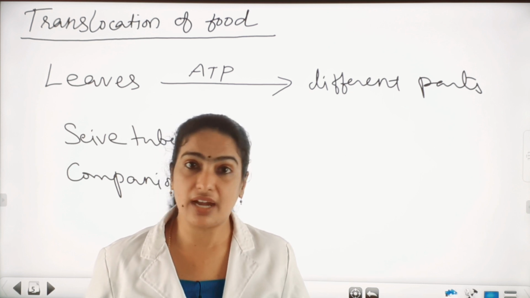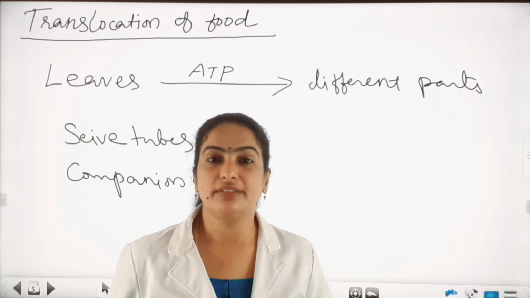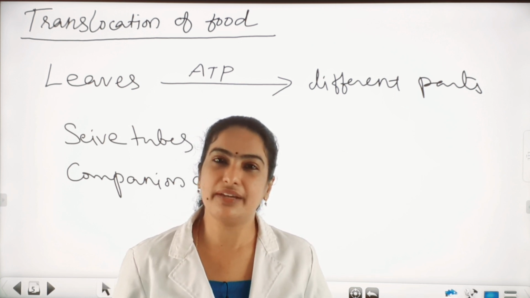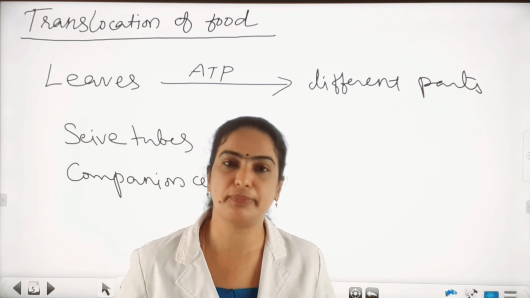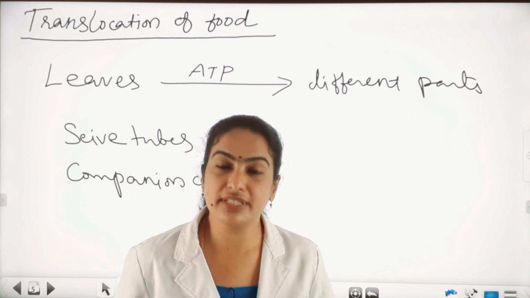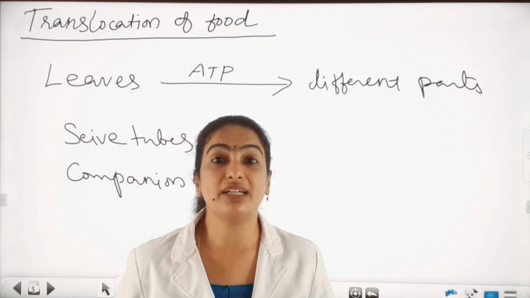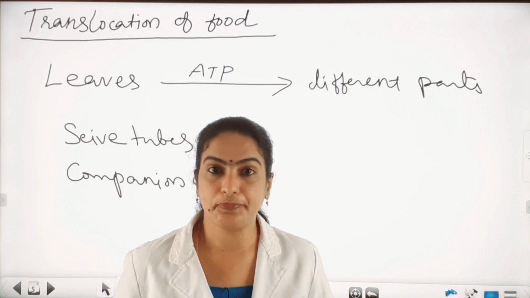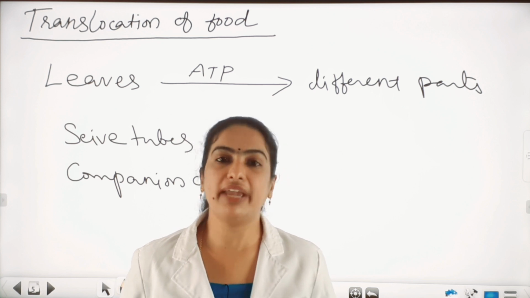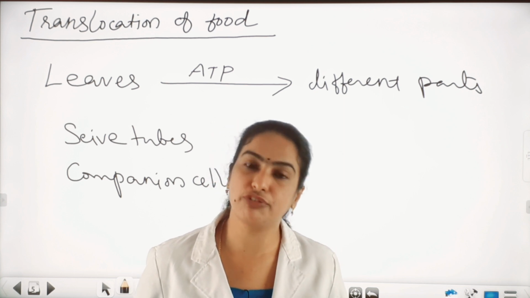But in case of xylem tissue, for the transportation of water, they are utilizing a physical force like pressure, root pressure or transpiration force, suction pressure. They are utilizing a physical force to do the transportation of water and minerals. But phloem tissues are utilizing energy in the form of ATP for the transportation of food materials.